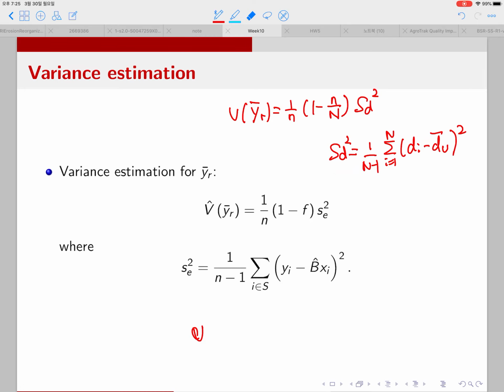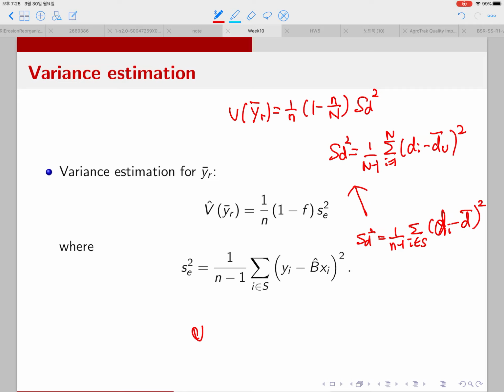So how to estimate this one? Well, you can estimate s_d square using the sample, right? So you can do that: di minus d bar square, something like that.